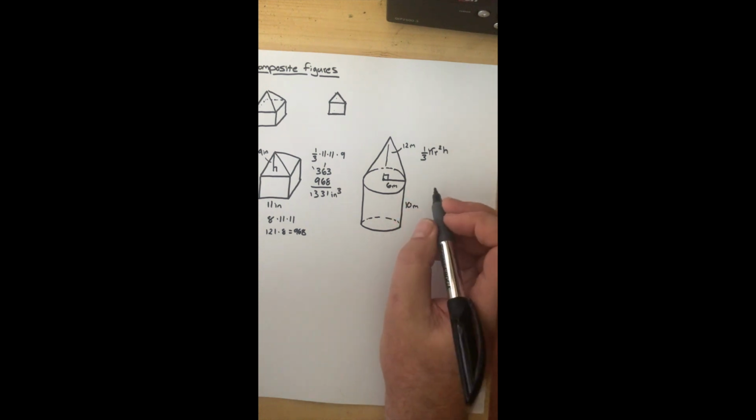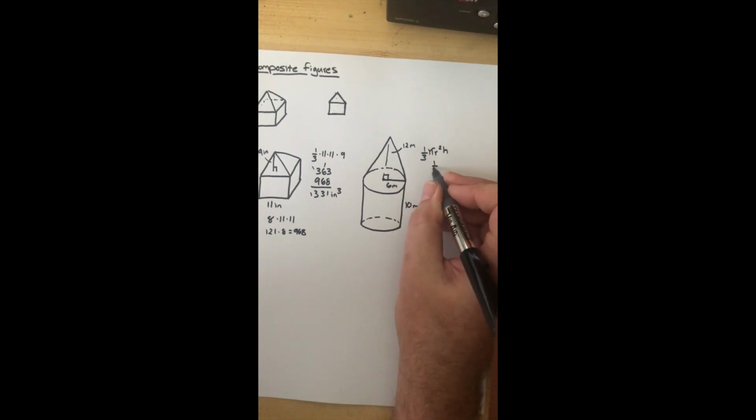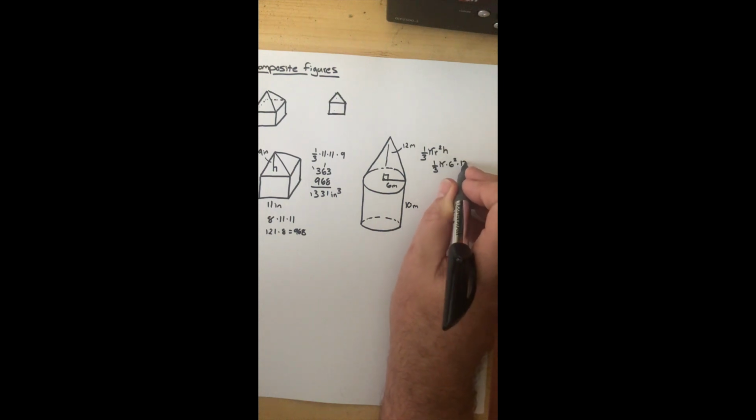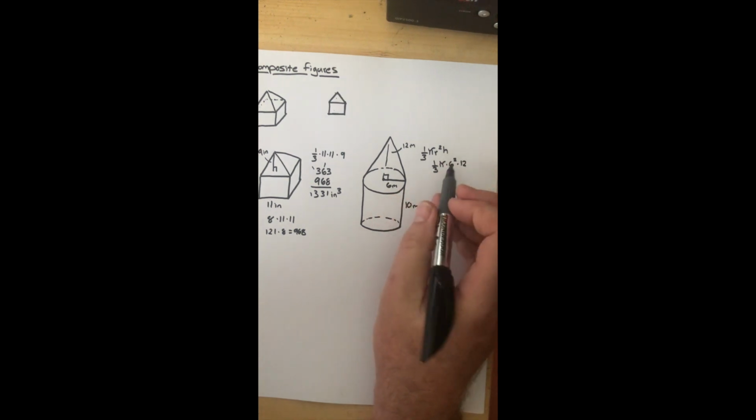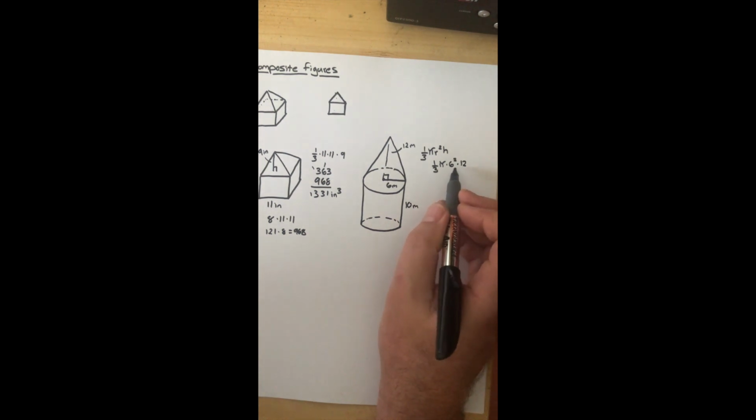Okay. And so I'm going to do 1/3 times pi times the radius, which is 6, squared times 12. 6 squared is 36. I'm going to take 1/3 of 12 and make that 4. 4 times 36 is 120 plus 24, which is 144 times pi.